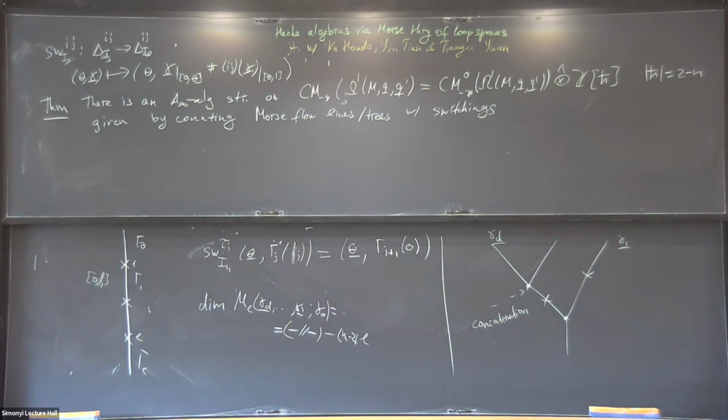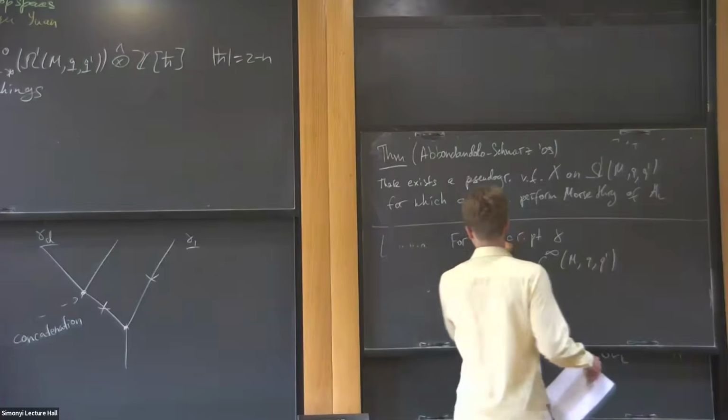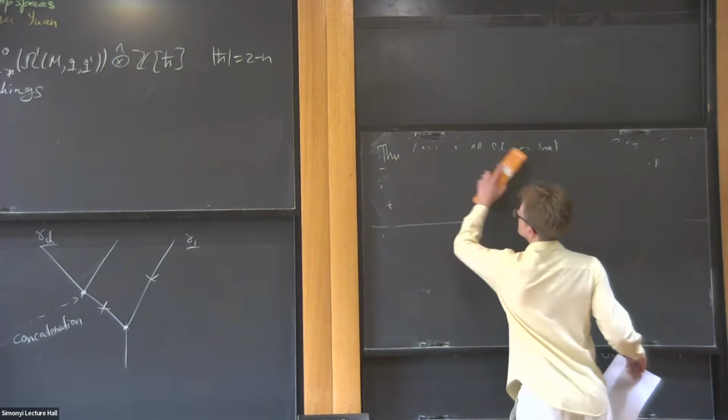Okay. So let me state the comparison theorem for the cotangent bundle and say briefly how we do computations with this Morse model.